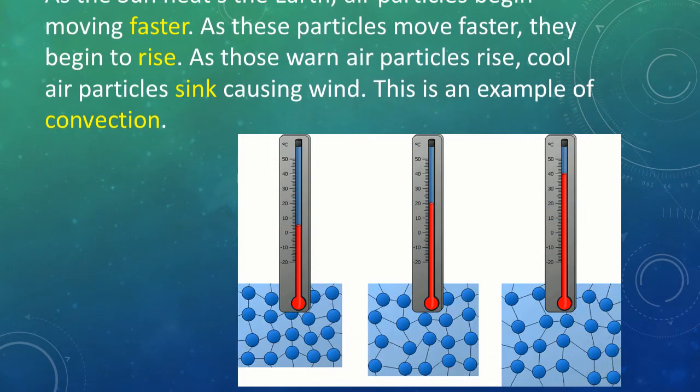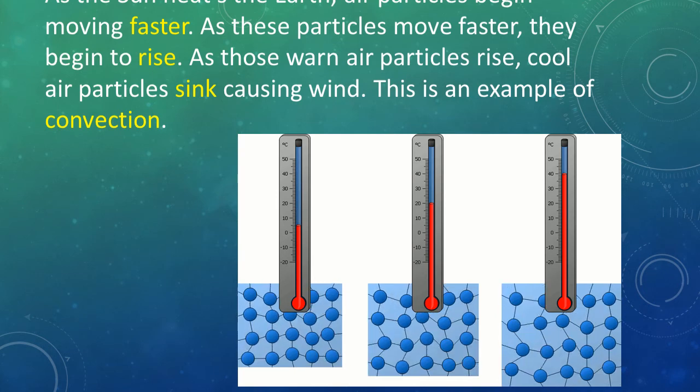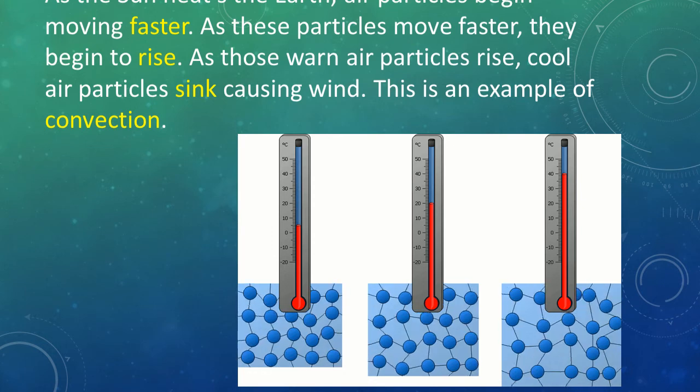Like we see here. Okay? The cooler particles are moving, but they're not moving fast, and they're also close together. What we see is the hotter particles, the warmer particles, are moving faster and they are farther apart.